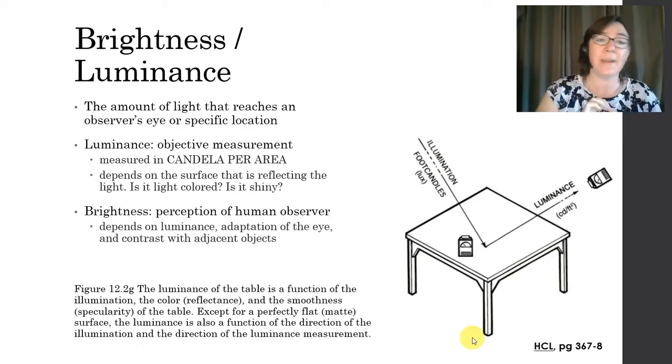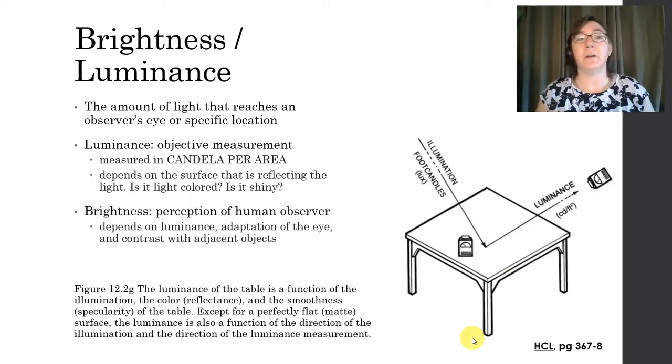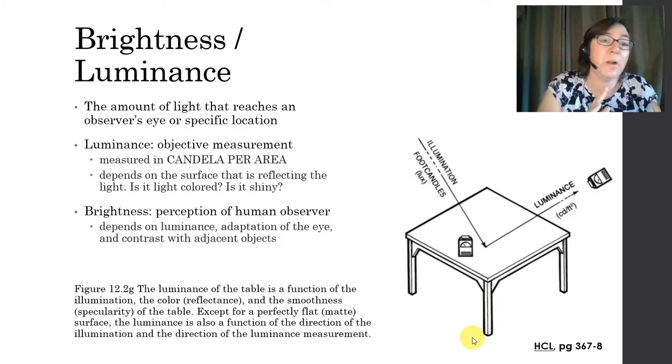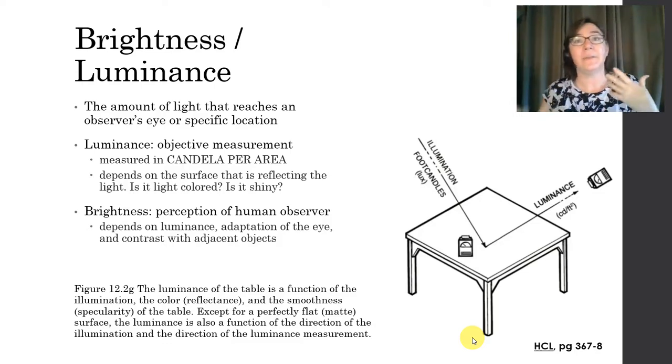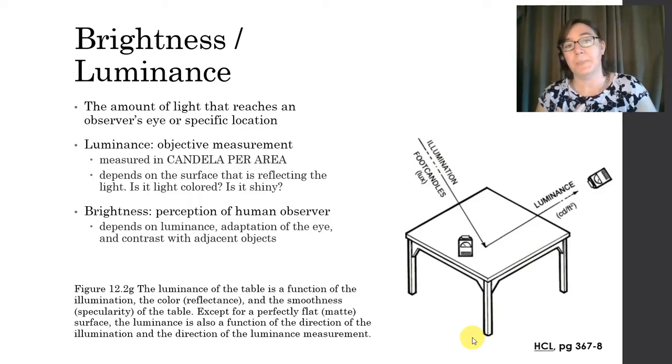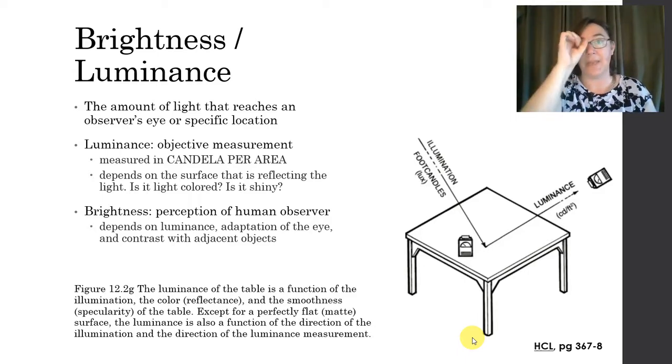And also brightness. Brightness is a similar concept. It's the amount of light that reaches the perception or the eye of a human observer. Now, this is even a little bit more complicated because of the human factor. It does depend on the luminance, the objective measurements, but it also depends on the human, and the adaptation of the eye.